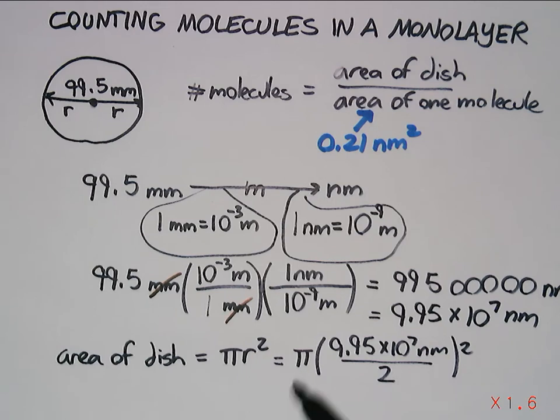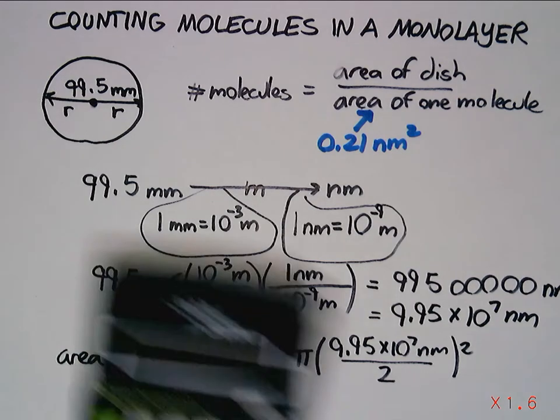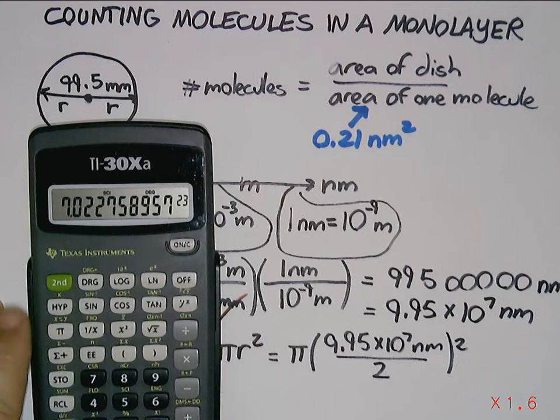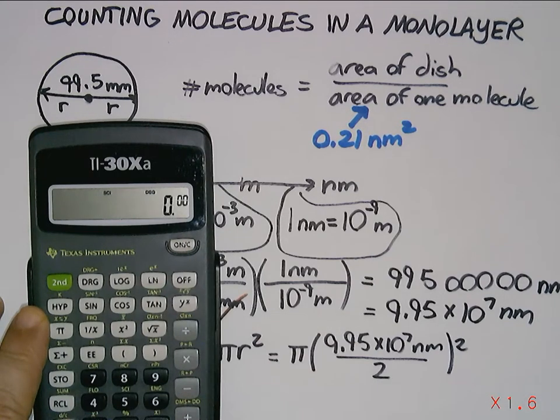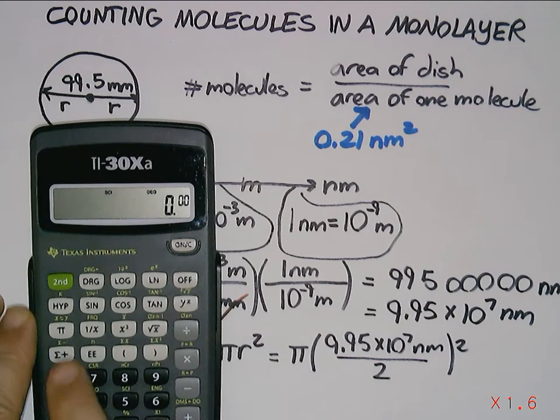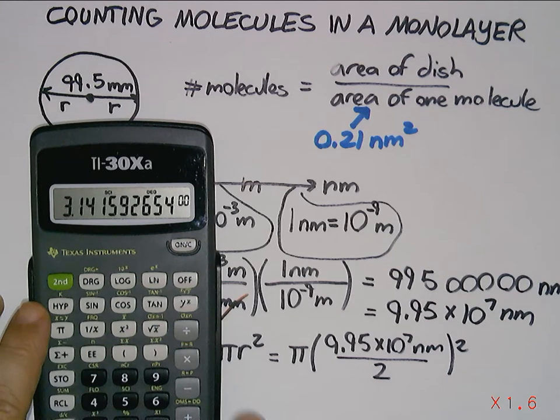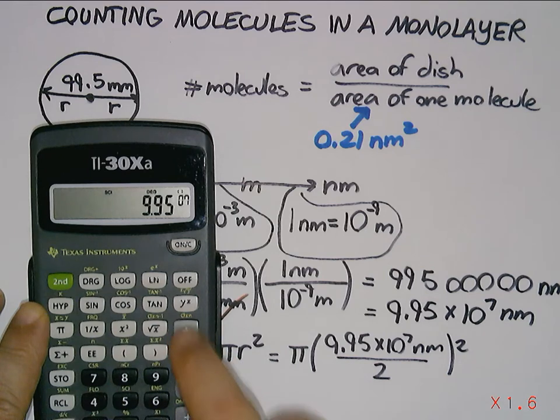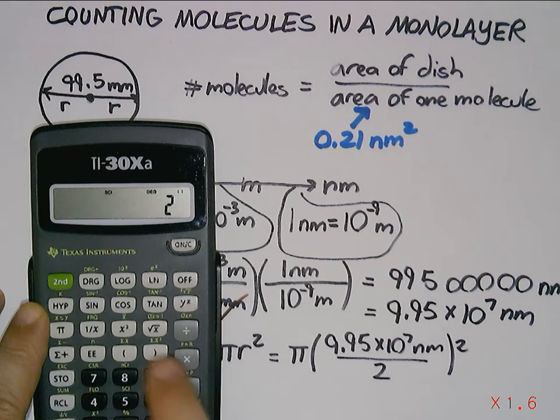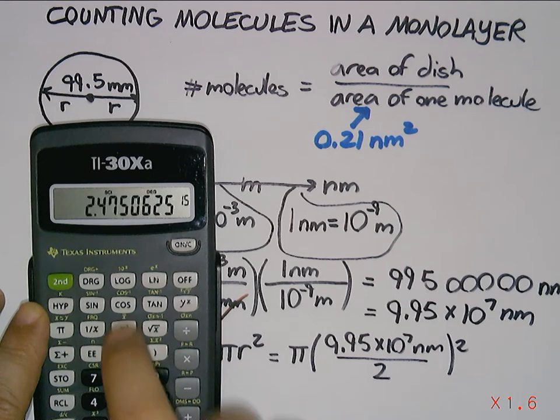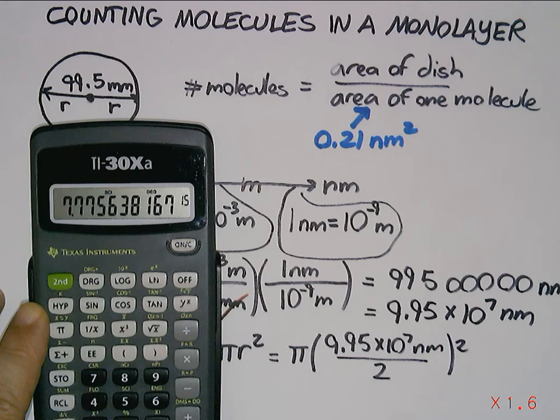So punch in pi, I have a pi key, pi times parentheses 9.95 EE7 divided by 2, close the parentheses, and then square that, and then say equals.